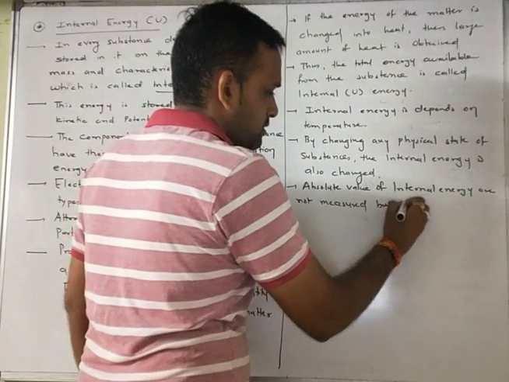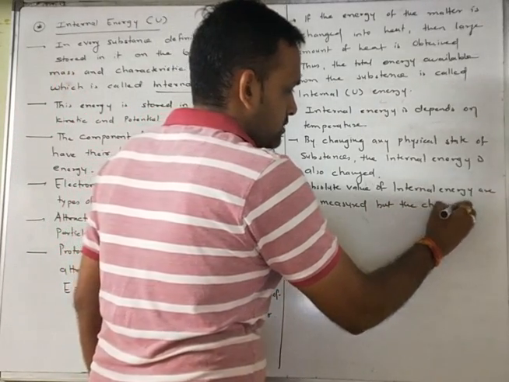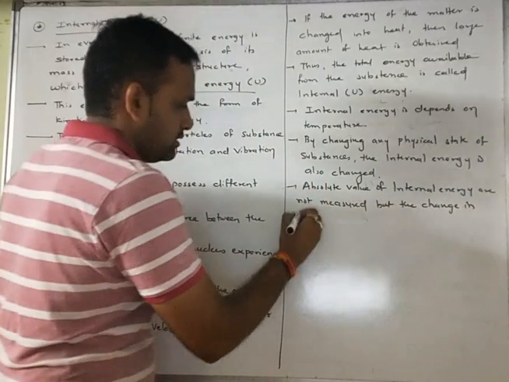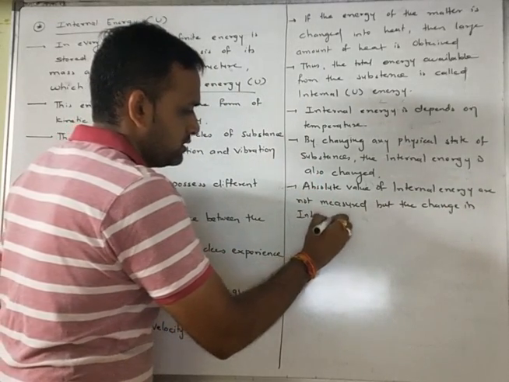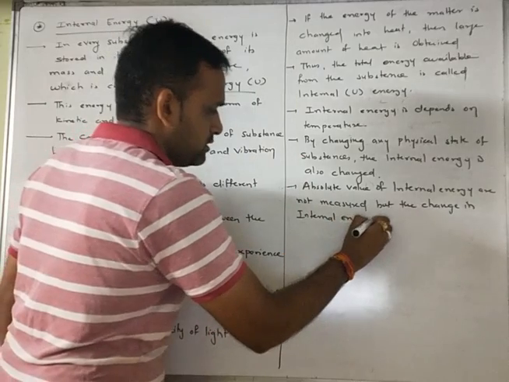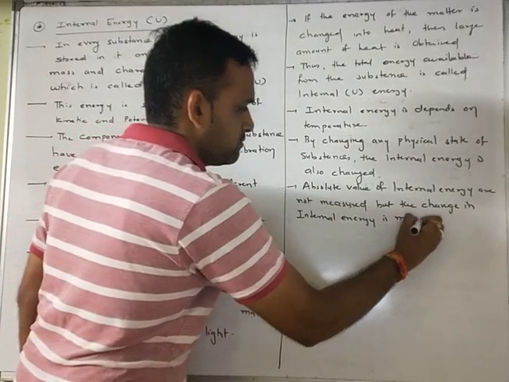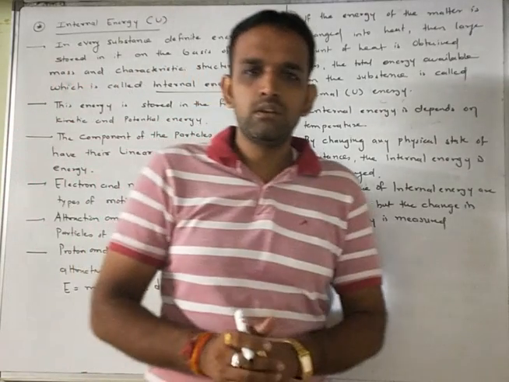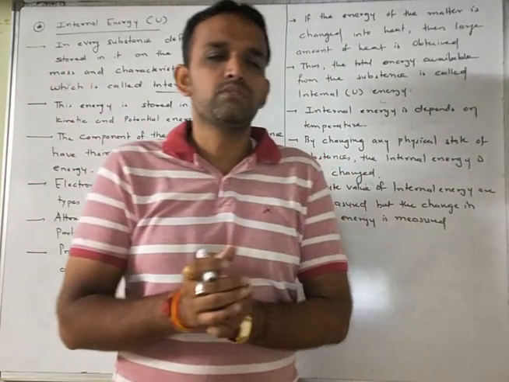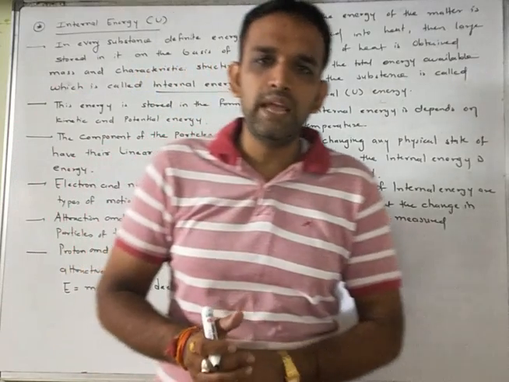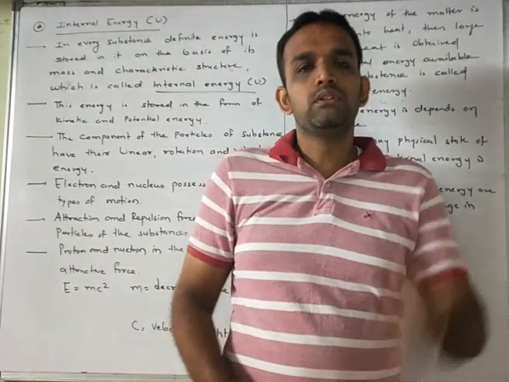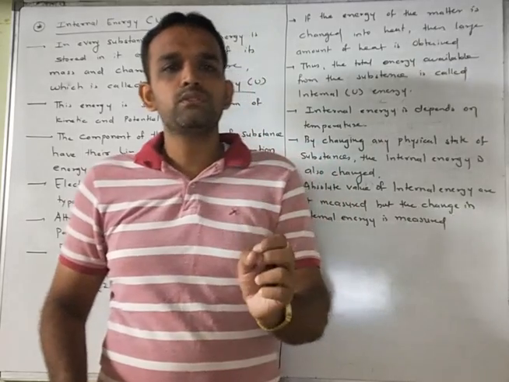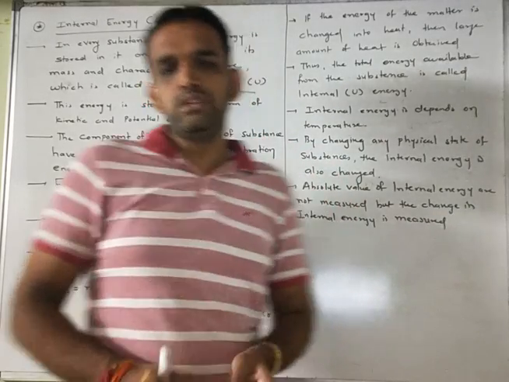How? Let us suppose the volume is constant, then whatever heat is produced is called the change in the internal energy. At a constant volume, the heat change is the change in internal energy, right?